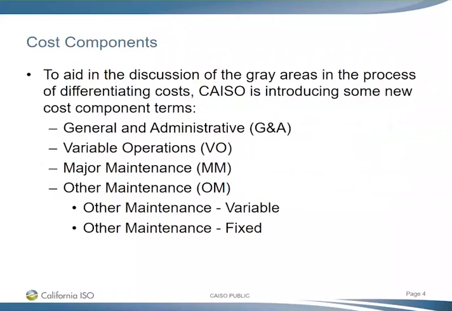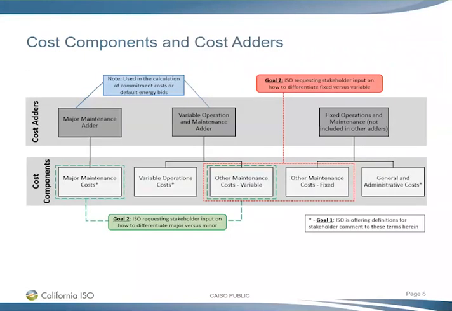So this slide outlines our current thinking. It's basically that the cost adders are comprised of multiple cost components. And so we'd like to discuss these cost components, which will help illuminate the gray areas. So this we can see diagrammatically here. We have our cost adders, which exist in the market, and then those are comprised of various cost components.